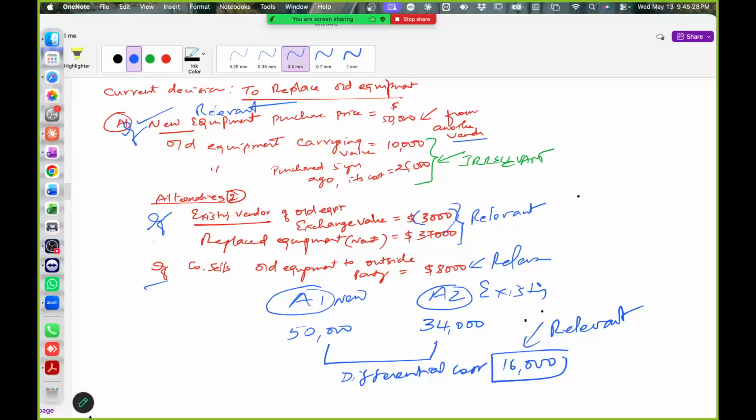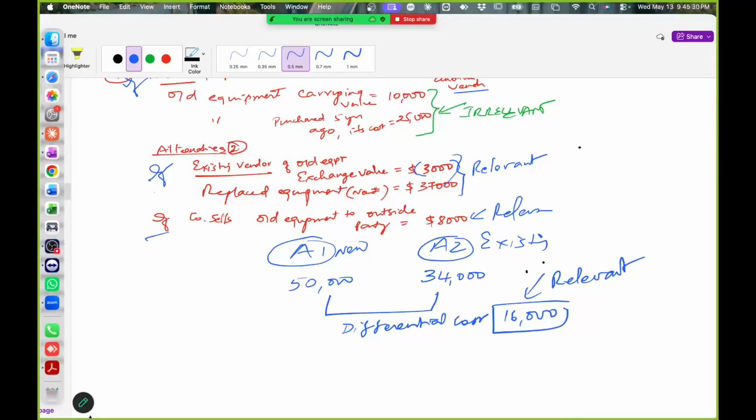Now, another alternative is there. If the new vendor is not taking the item, we are going to sell it ourselves, minus the disposal value. How much? 8,000.